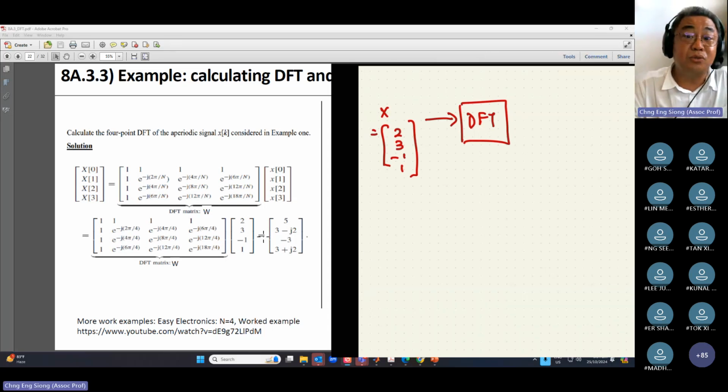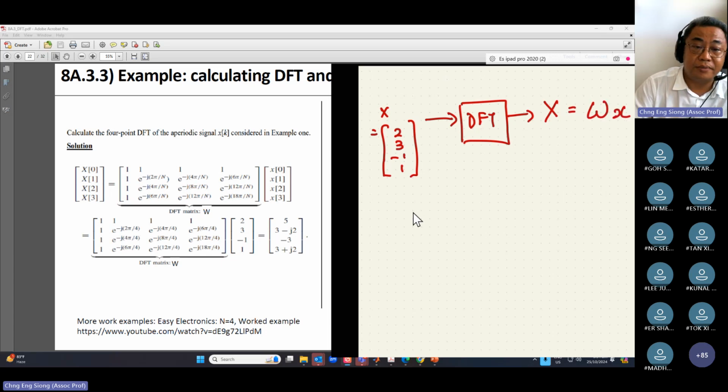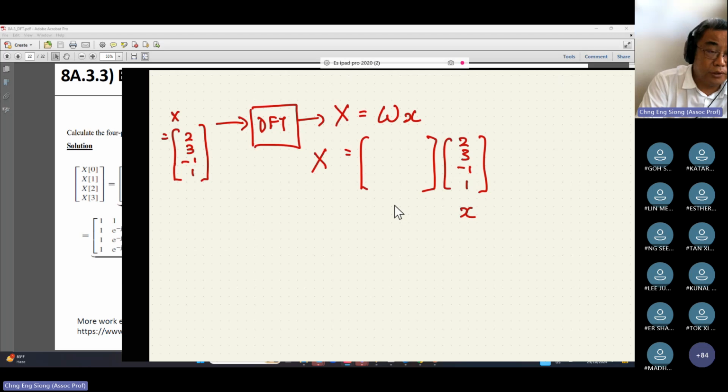Let's do the simple things first, the type of quiz question you might be expecting. I give you an x and I ask you to find capital X. And capital X is W times small x. You have to figure out what W is by yourself, and you plug in your small x, 2, 3, minus 1, 1, and you'll get the big X. So far, okay?